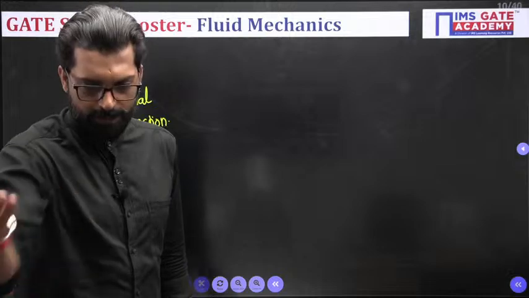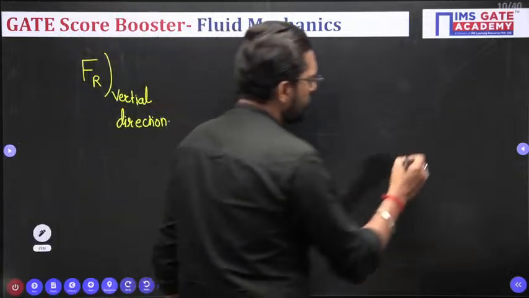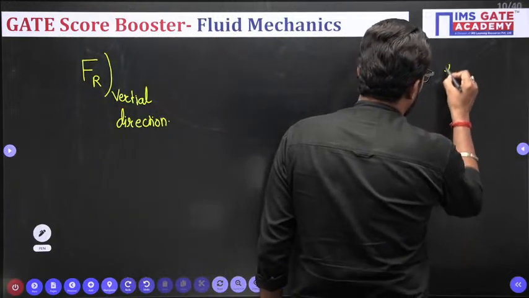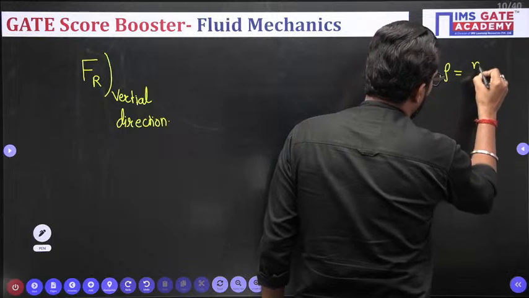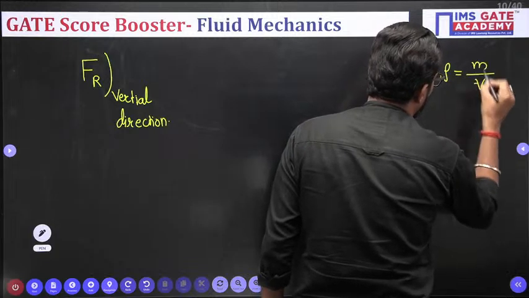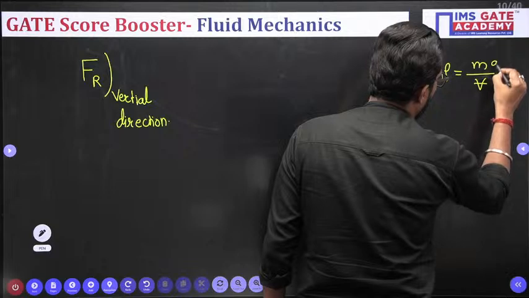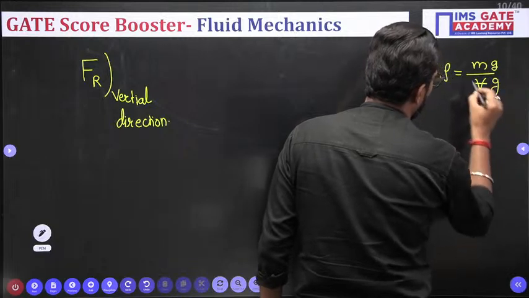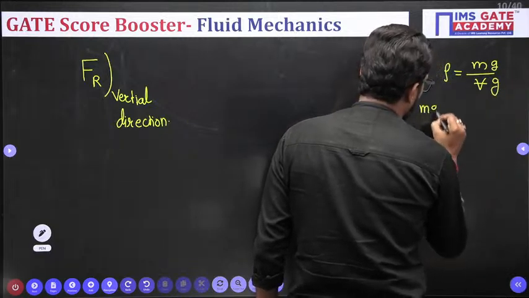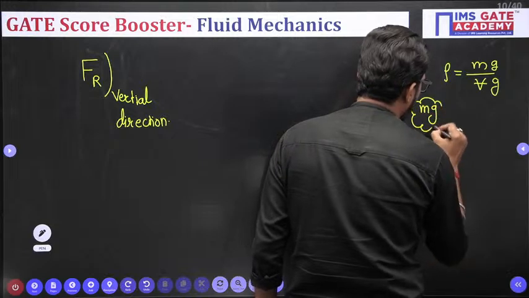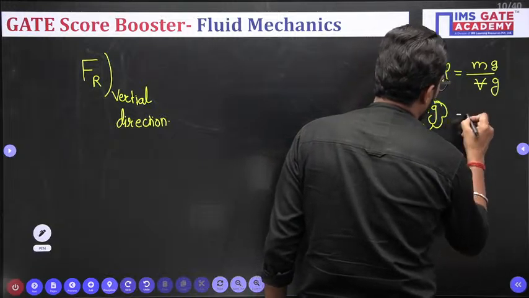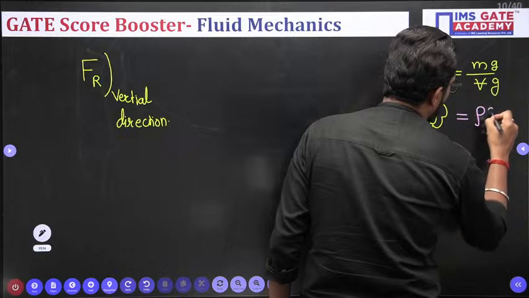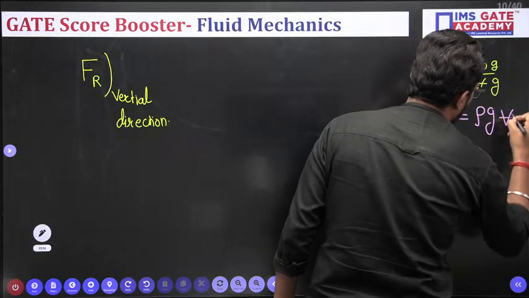Density is equal to mass by volume. Multiply by g, so M into g is weight, and this is equal to density into g into volume.